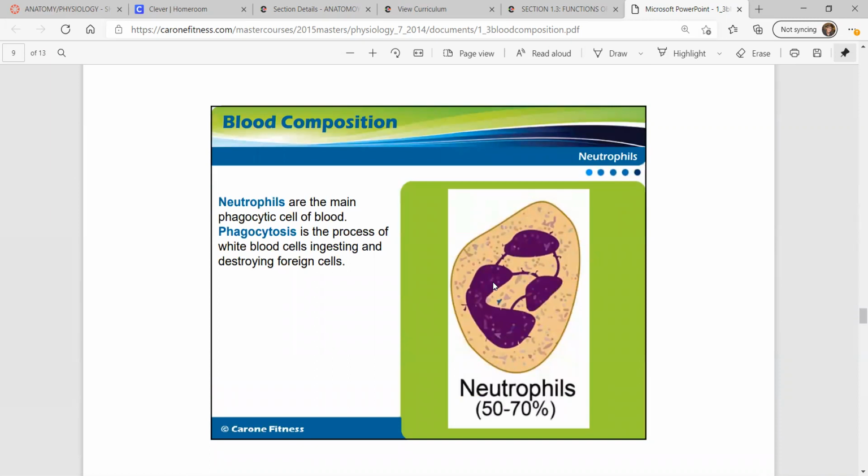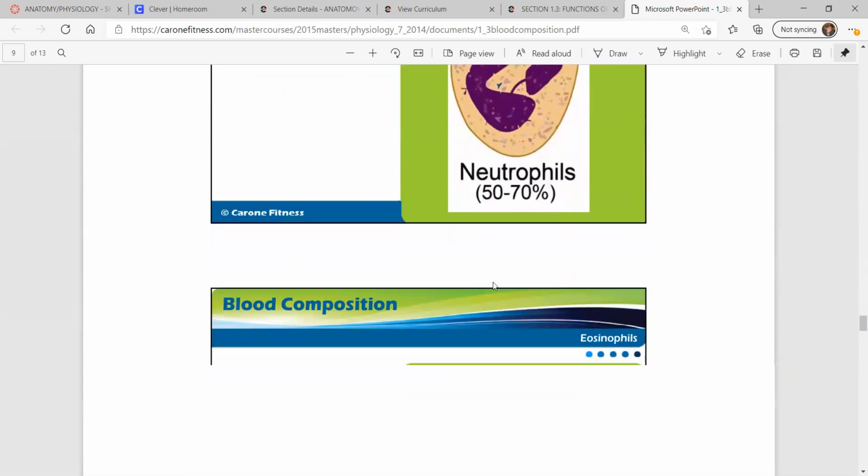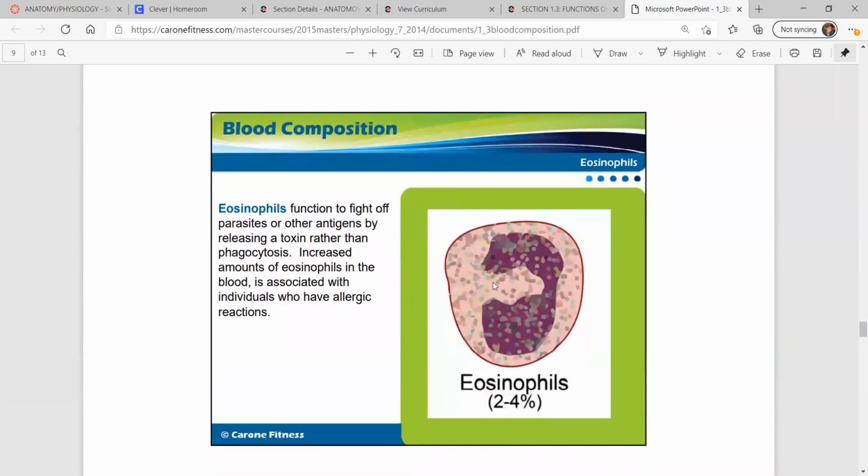Neutrophils are the main phagocytic cell of the blood. Phagocytosis is the process of white blood cells ingesting and destroying foreign cells. Eosinophils function to fight off parasites or other antigens by releasing a toxin rather than phagocytosis.